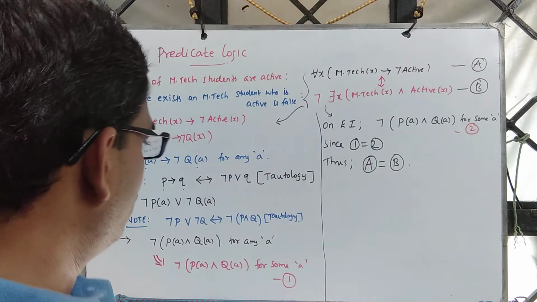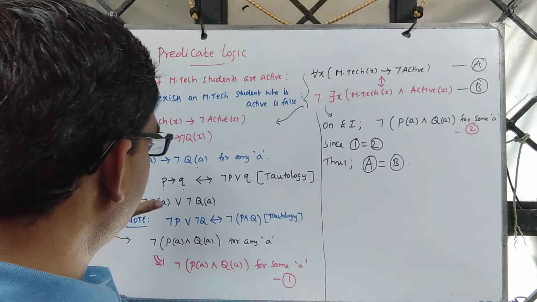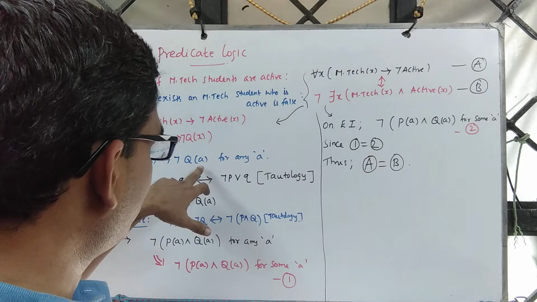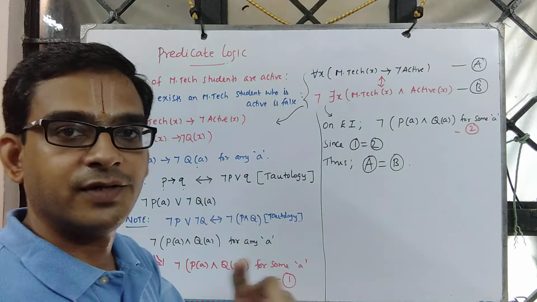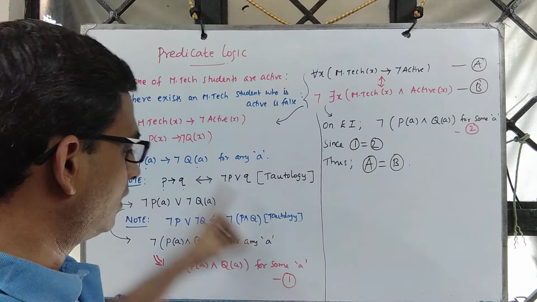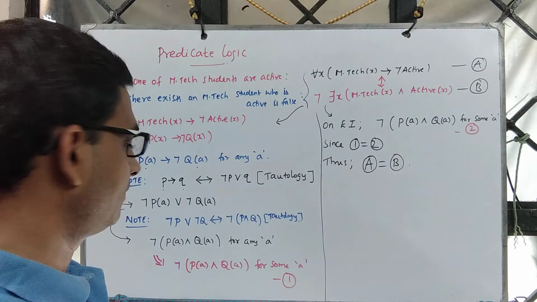Okay. So to prove this, what is it that we have done? We have done instantiation so that you come back to the propositional world. Why? So that you can employ well-known tautologies to simplify the expression.